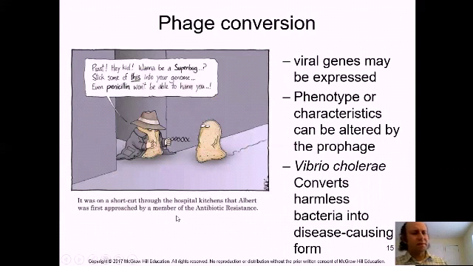Something else that happens in this lysogenic cycle is this specific phenomenon that is called phage conversion. How does that happen to you? You are walking in the street and then somebody says, hey, I have something that is going to boost your athletic skills.